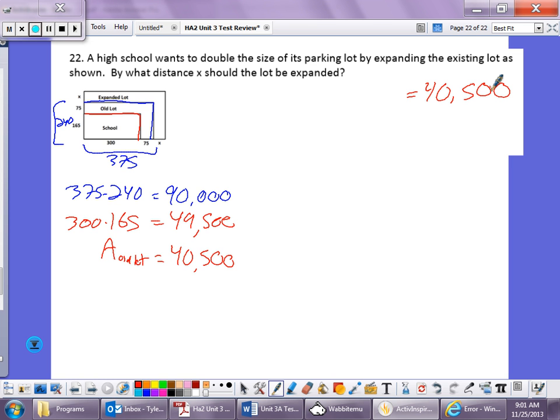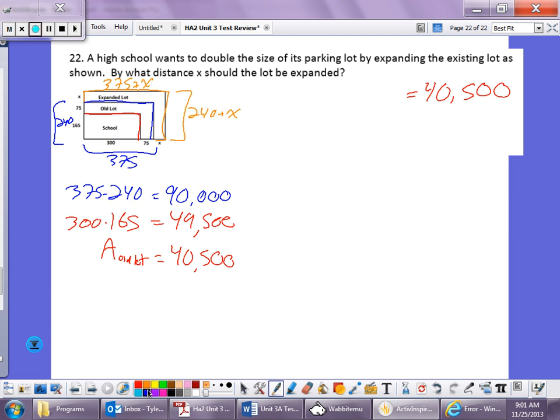That's what I want this lot to be. So now all I'm doing is trying to find the area of that, which is just the orange, right, which is going to be this distance here would be 240 plus x. This distance here would be 375 plus x. And then I have to subtract the blue from that, because that'll give me the area of just the expanded lot.